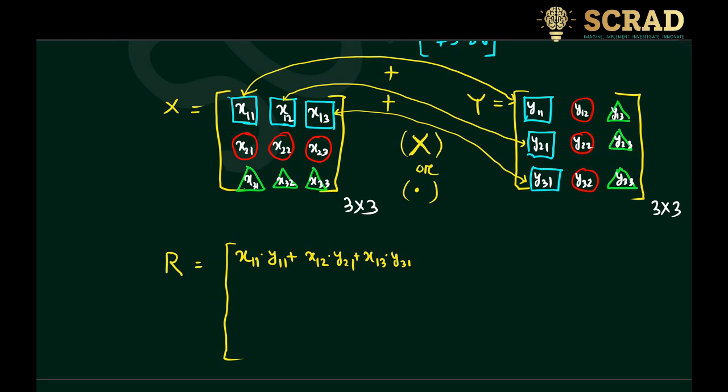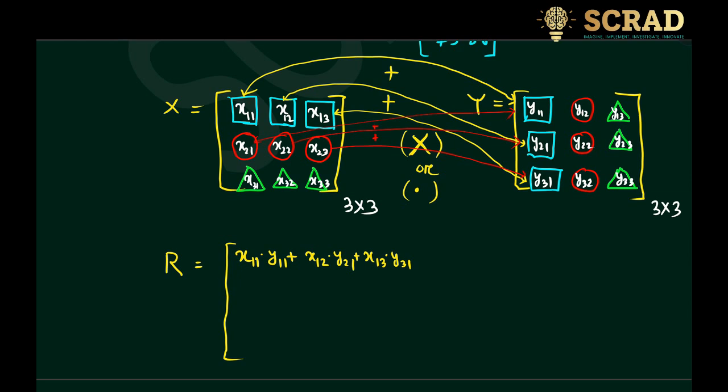This is the first element. This element is multiplied with this one, this with this one, and then this with this one, and we add them.